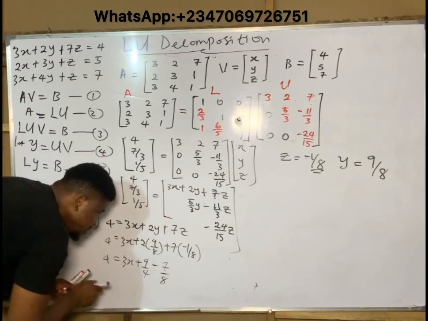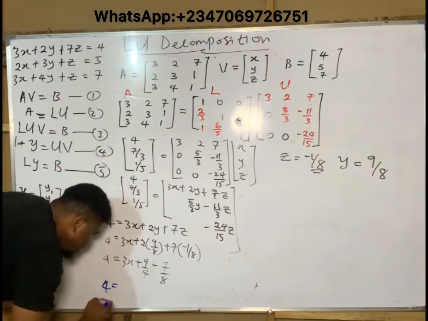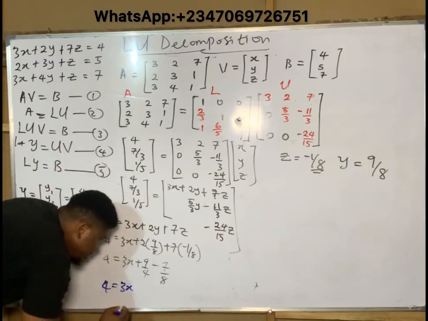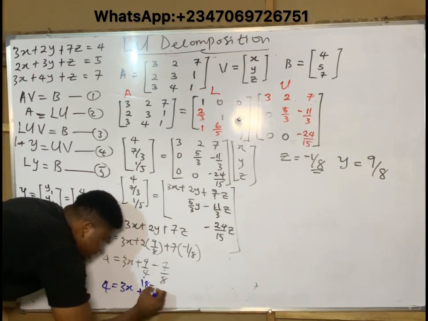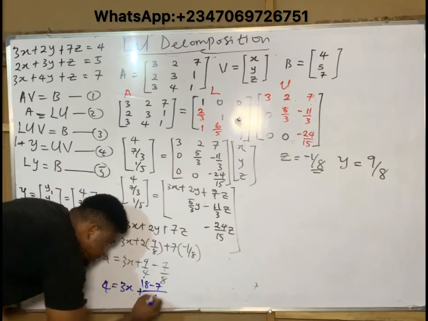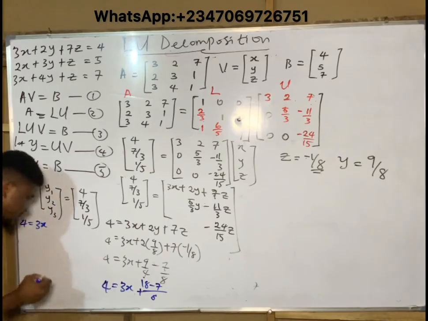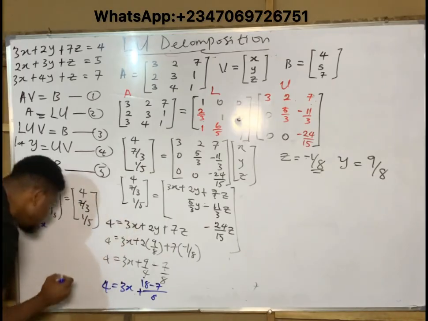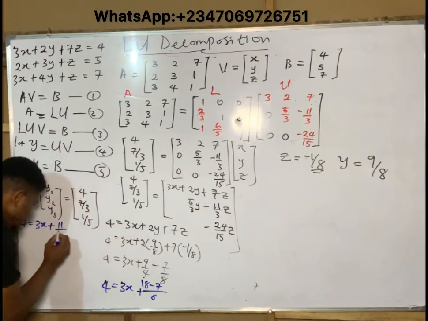Okay. So I'm going to have 4 is equal to 3x. The LCM between 8 and 4 is 8. So plus 8 goes into 4 is 2, 2 times 9 is 18, minus 8 goes into 8 is 1, 1 times 7 is 7. So 4 equals 3x plus, now 18 minus 7 is 11, 11 all over 8.